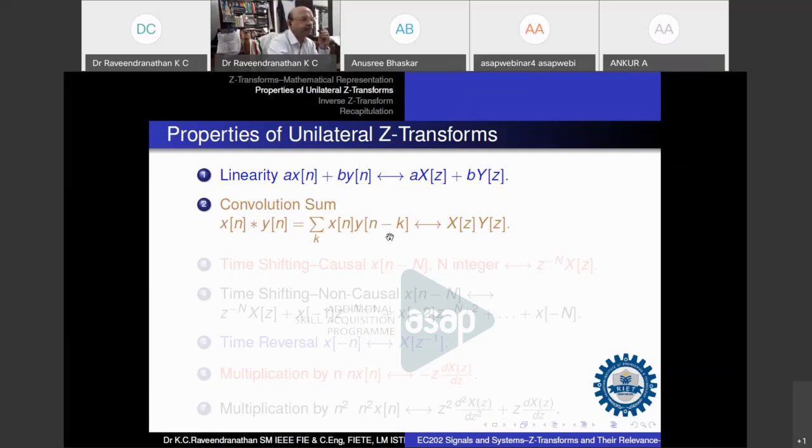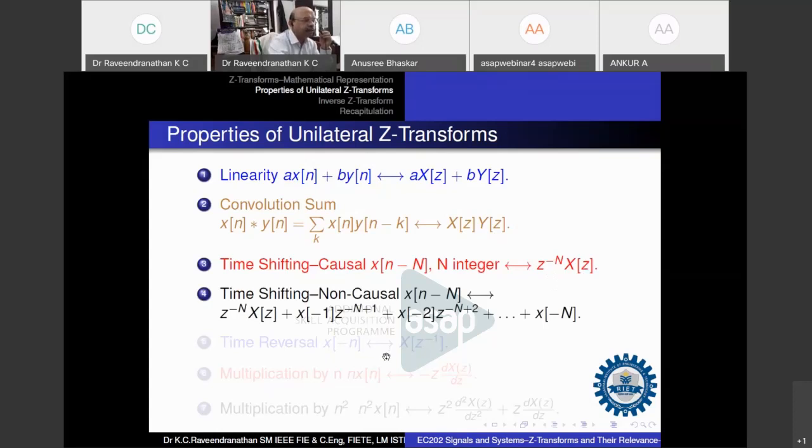Then the convolution sum: convolution in the time domain will result in multiplication of transforms in the frequency domain, and vice versa. Then time shifting of a causal signal: time shifting will result in z raised to minus N into X of z, right? X of n minus N is the transform, you will get this one.